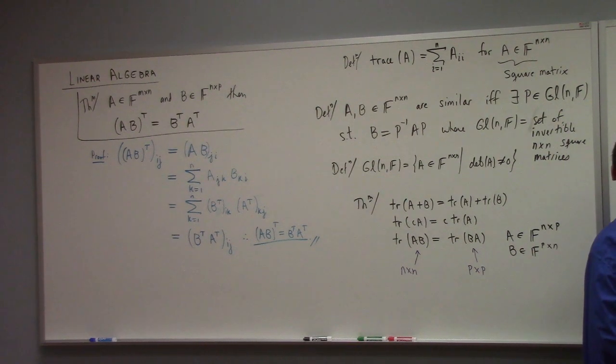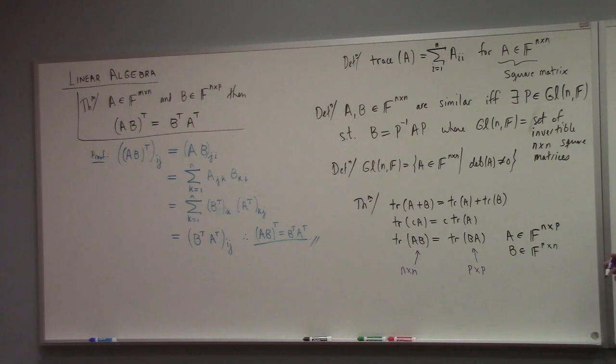Little gl_n(F) equals just F^{n by n}, thought of as linear algebra.